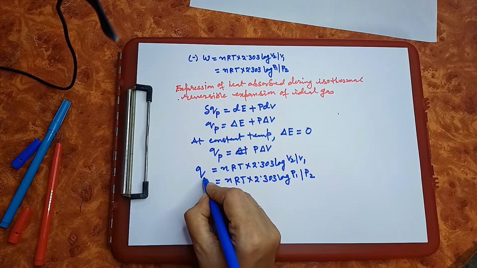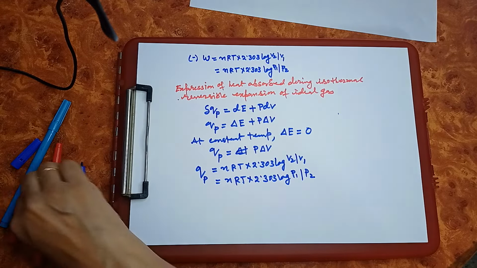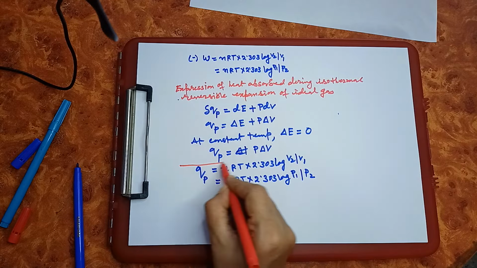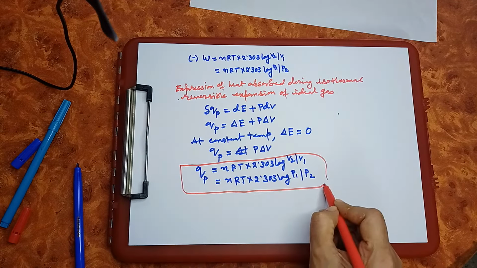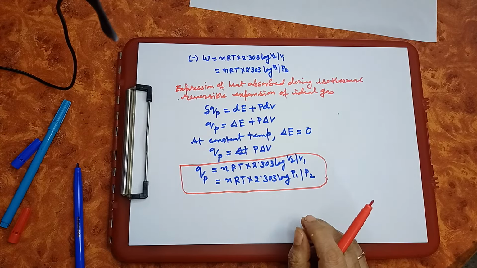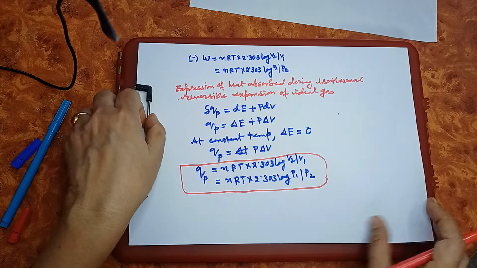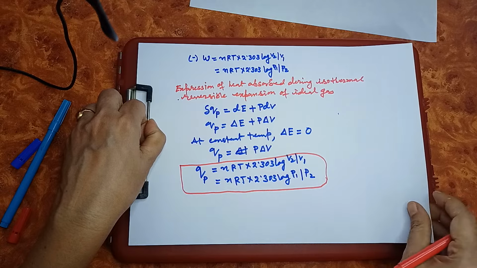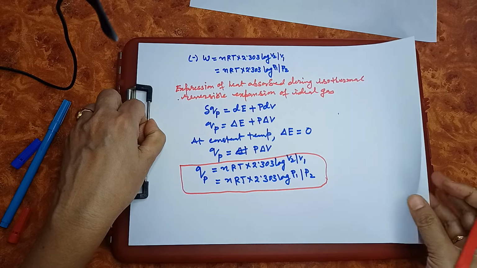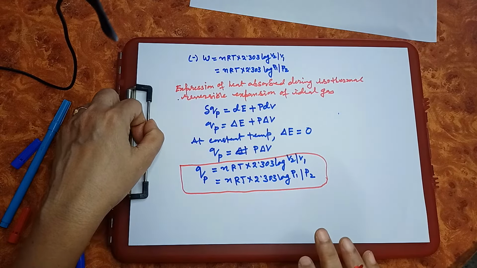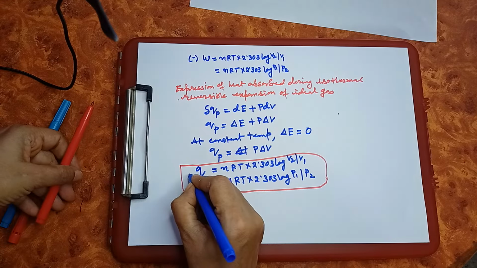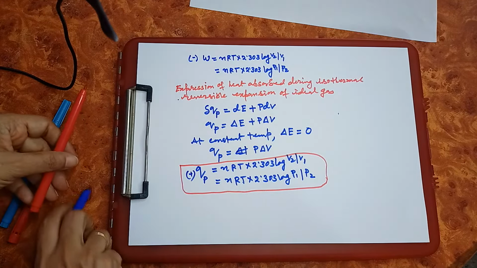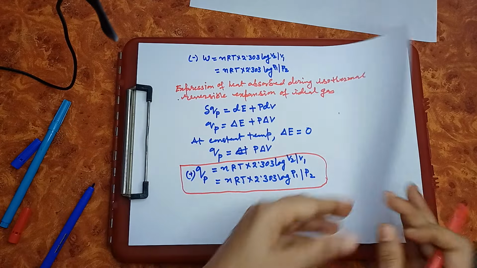So these two expressions are the same, work done and heat absorbed during isothermal reversible expansion. Similarly, during compression also, heat released and work done on the system, those two expressions will be the same. And here heat is absorbed, so sign will be positive. We are taking positive sign.